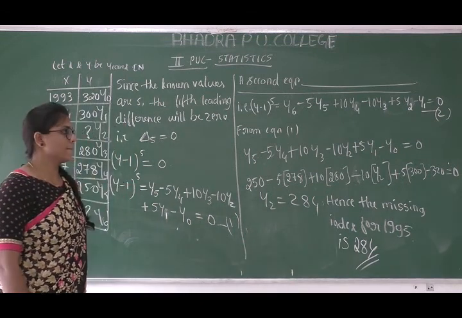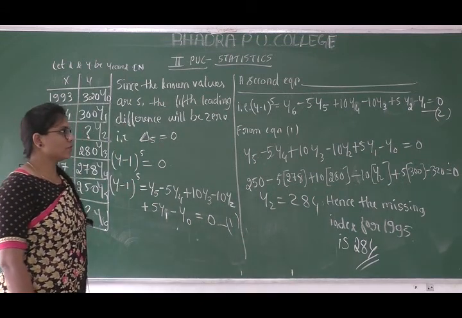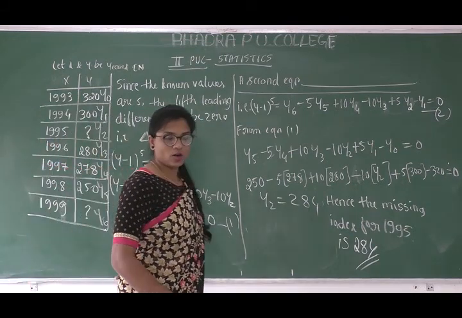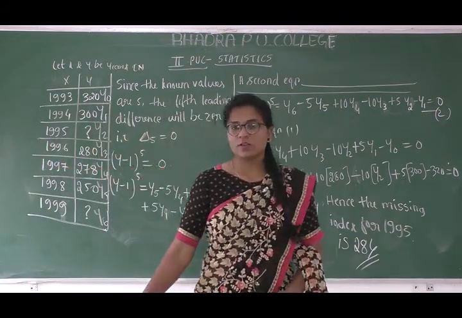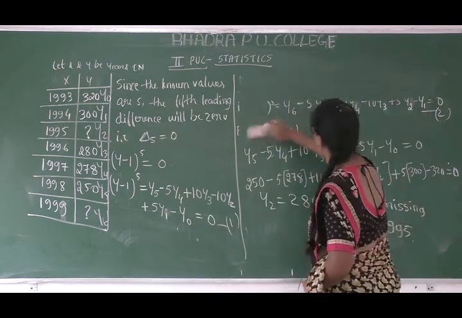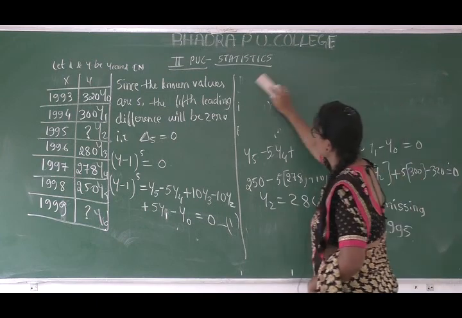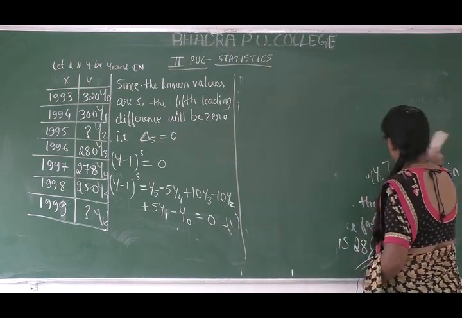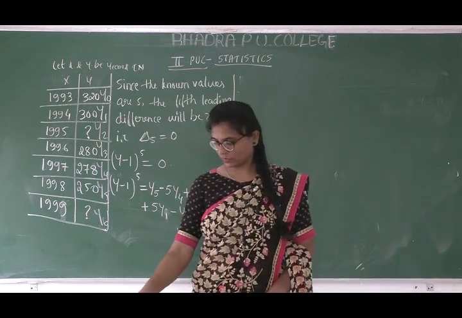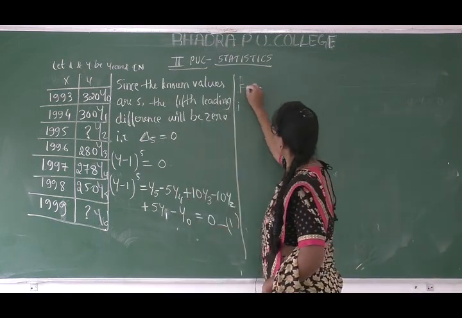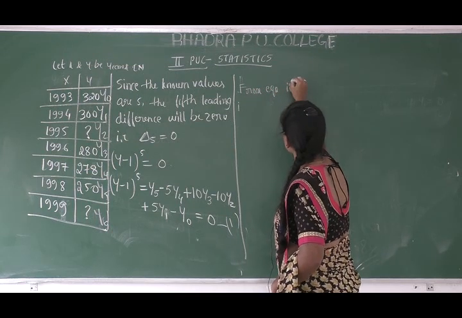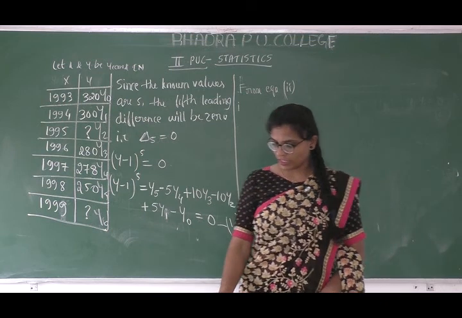Okay, the next one we have is the second equation, not yet completed. We have one more equation, that is your second equation. From the second equation, so what's your second equation?